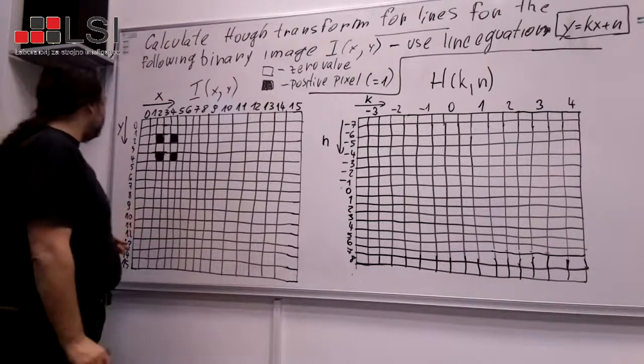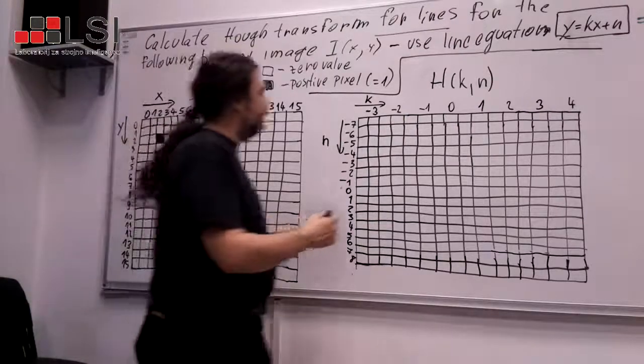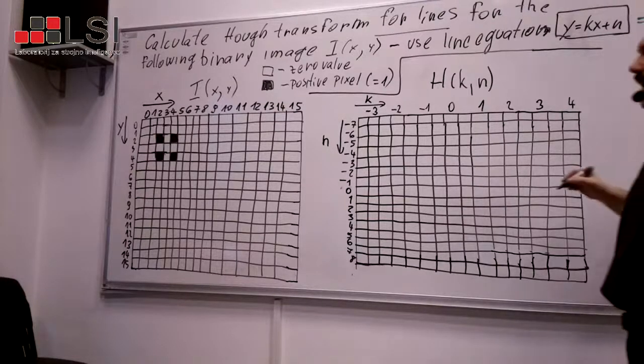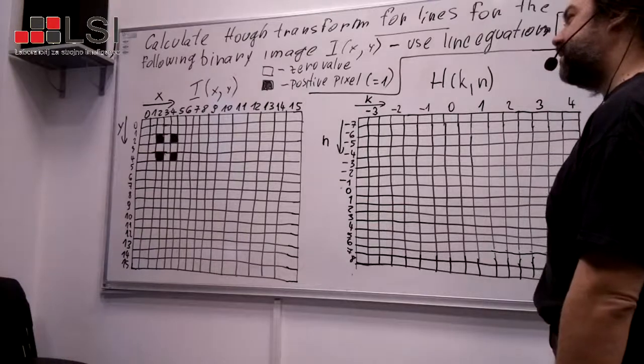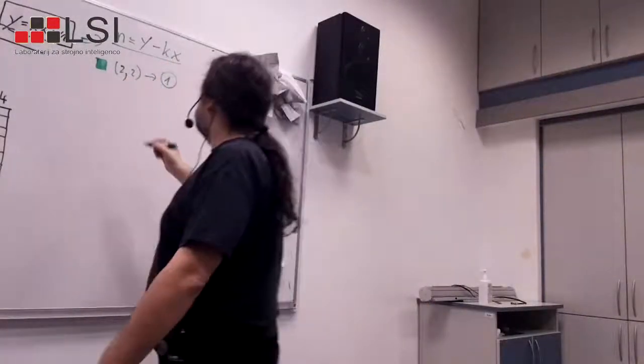Let me draw the positions here. This will be our number 1, which has coordinates X is 2, Y is 2. So 2, 2 is voter number 1.